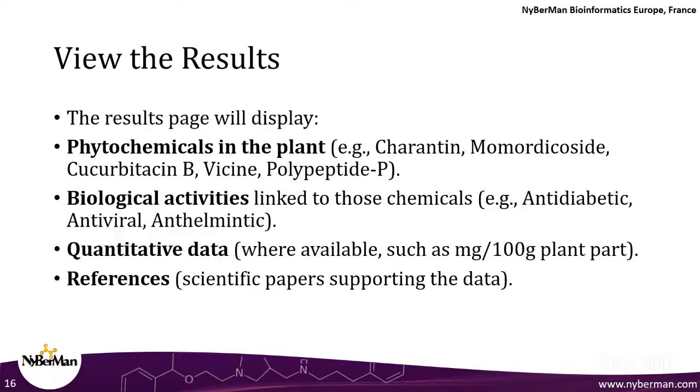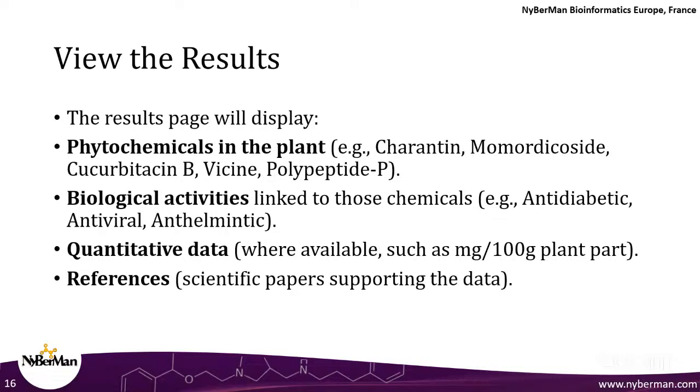And the view results page will contain the phytochemicals that are in the table data. Whatever data were available, that is what it has shown. In the table, you have first the compound phytochemical names. Second, you have the biological activity linked to the compound, whether it is anti-diabetic, antiviral, and so on.